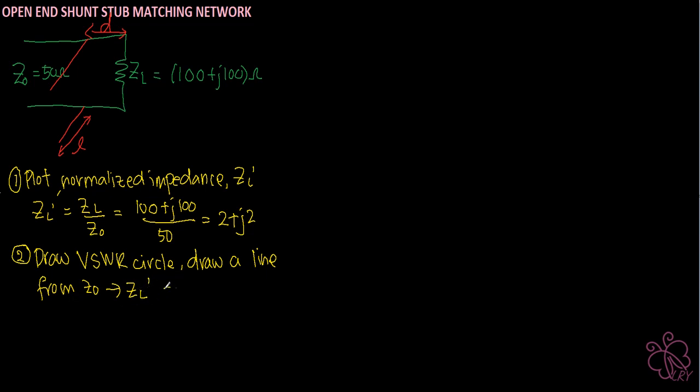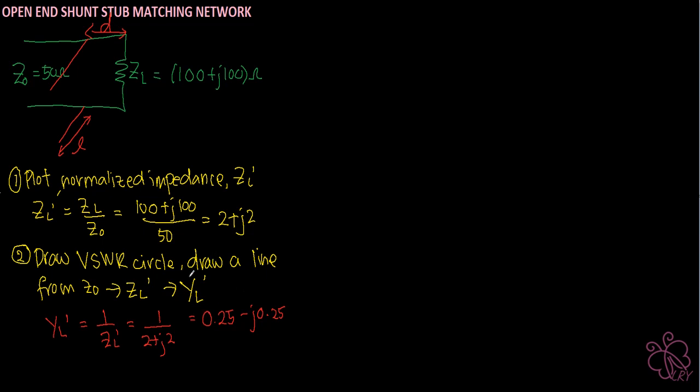From here we can calculate our YL prime. Here I will try to self-check my YL prime. YL prime is 1 over ZL prime, so 1 over 2 plus j2. You will get around 0.25 minus j0.25. This is the calculated value.